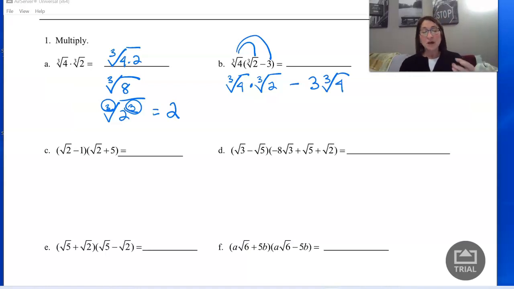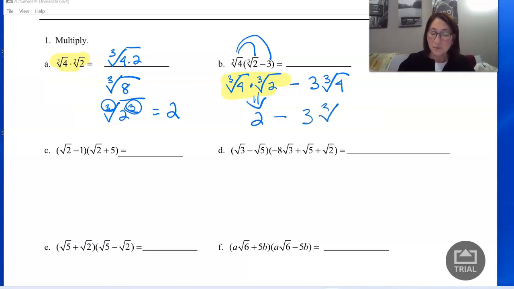Okay, so I just did the cube root of 4 times the cube root of 2. That's what I just did. So I know that this is going to simplify to 2, the cube root of 8, which is 2. Then it's minus 3 cube roots of 4. I can't do anything else.